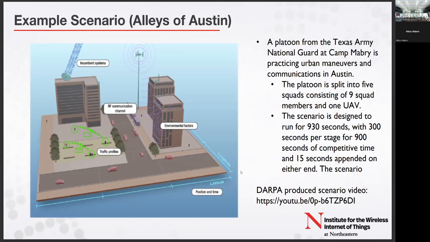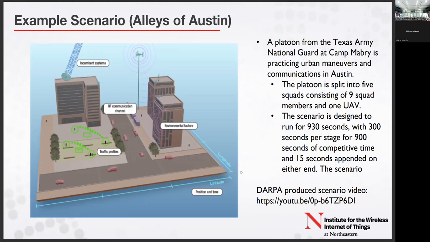This is a very high fidelity scenario, meaning that we actually did ray tracing, captured all of the terrain information, and then created a tactical scenario where you had a platoon that had to descend on a major US city that has 5 different squads, and each squad has 9 members and also has a UAV.